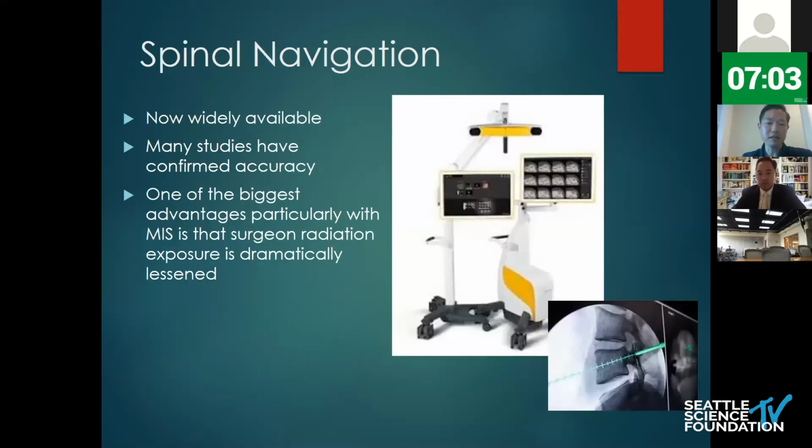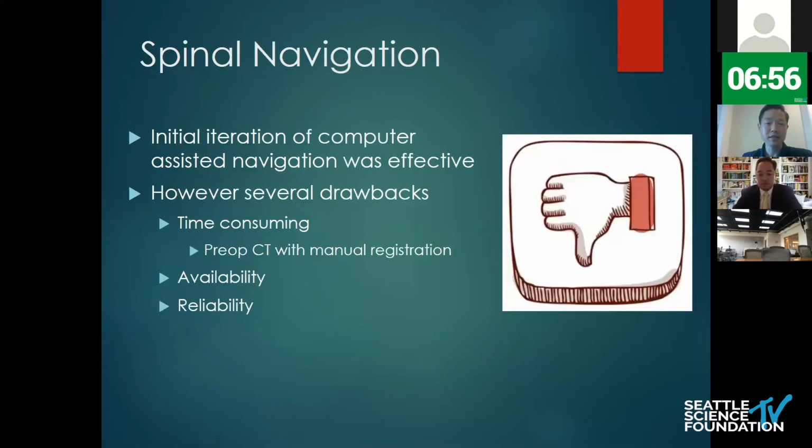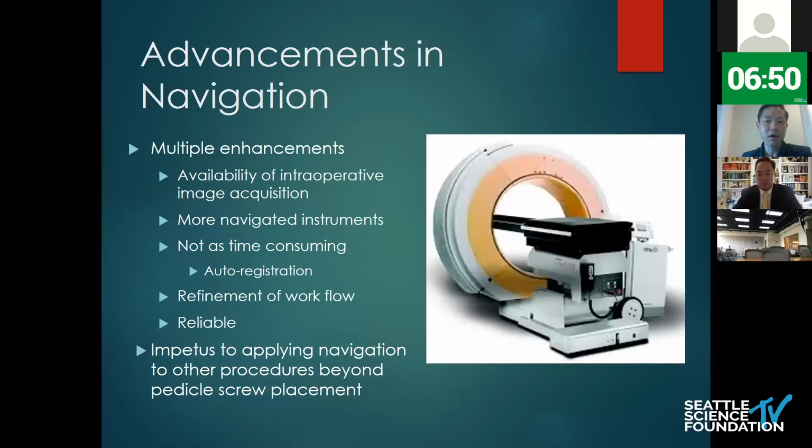And spinal navigation early on was probably not reliable, not readily available, but it has really since changed. Spinal navigation has really advanced over the years, where you don't have to dwell on the reliability issues or the availability. I think there's no question that navigation is available at almost all medical centers now.